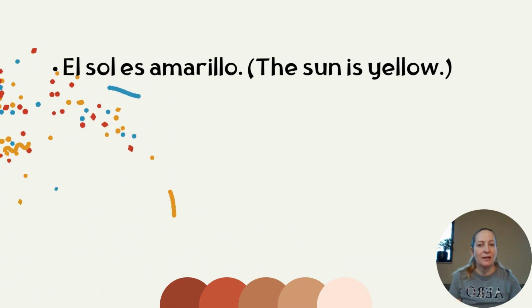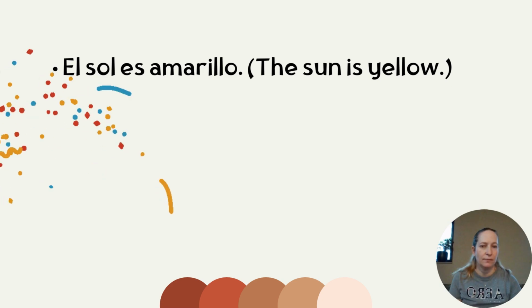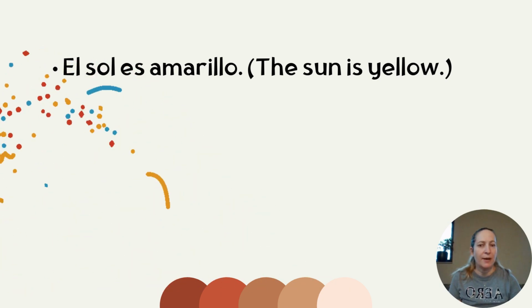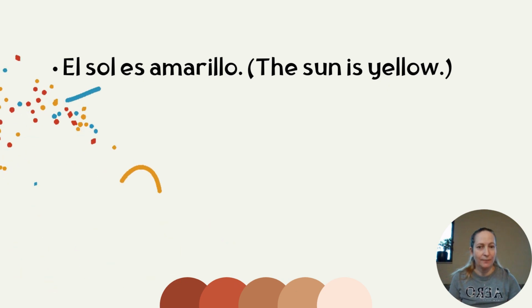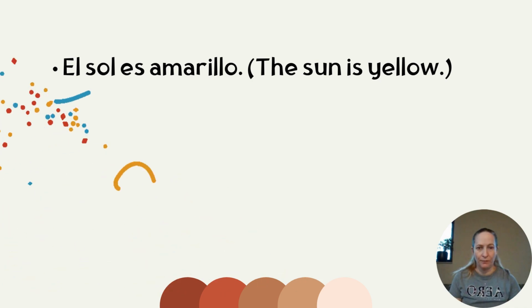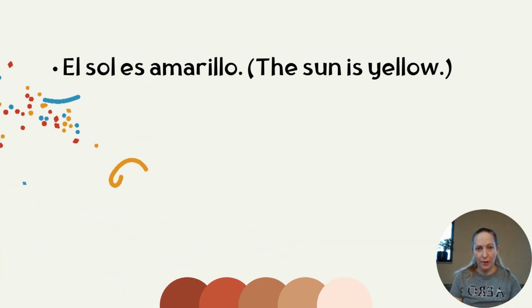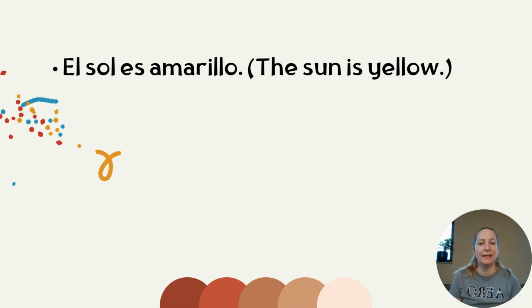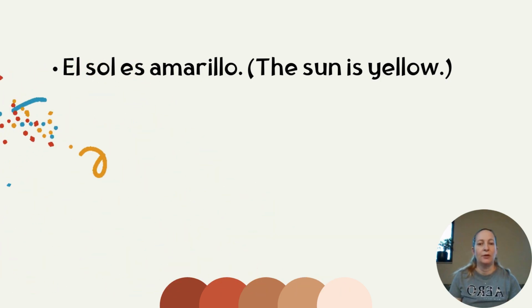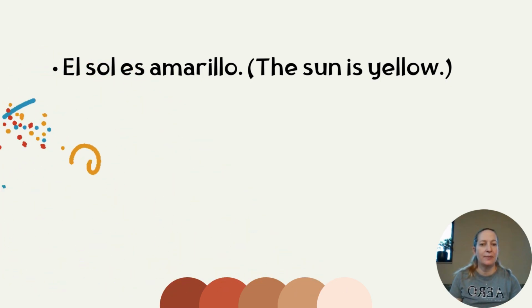First, you have el sol es amarillo. You can see that it's a masculine. Why? Yes, because it's el. And when it's el, you have the O of the color at the end. You can also see it's only one sun because it's el. It's not los. It's el. And when it's is, you have the es, not son. So that's why it's el sol es amarillo.